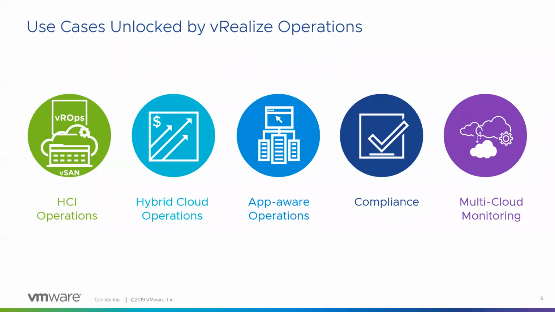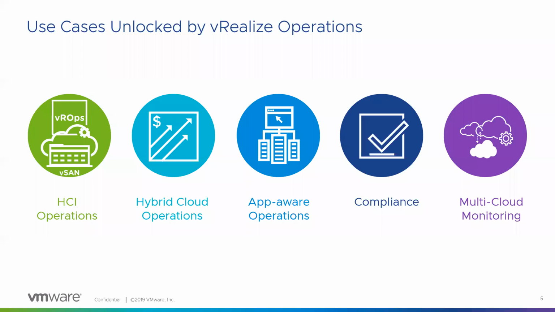And I'll tell you what we mean by that, but just to give you a preview, we're not talking about becoming an application monitoring platform in vRealize Operations, or trying to replace some of those capabilities that you have or tools that your app teams may use.